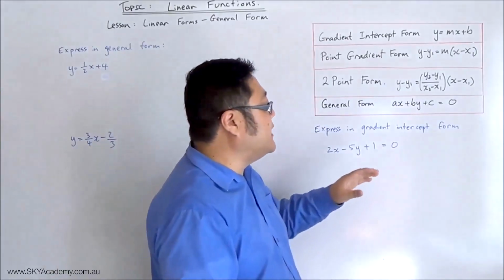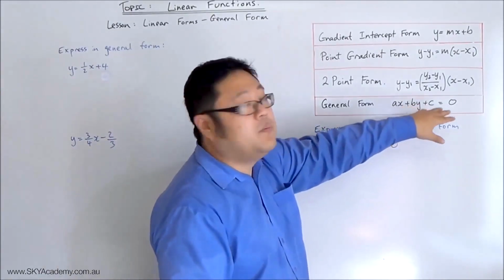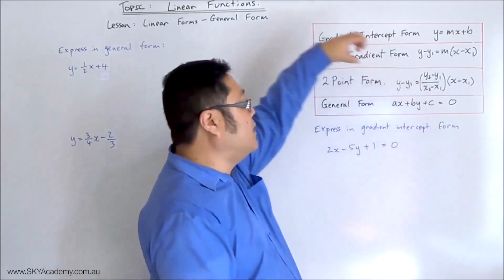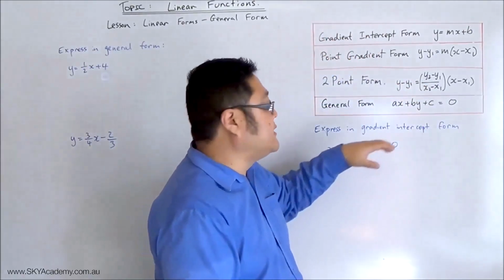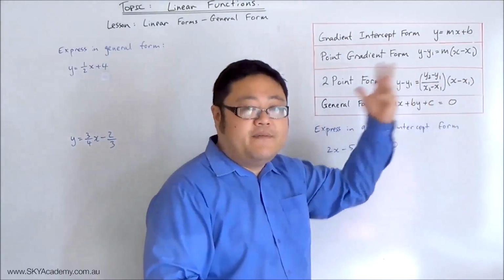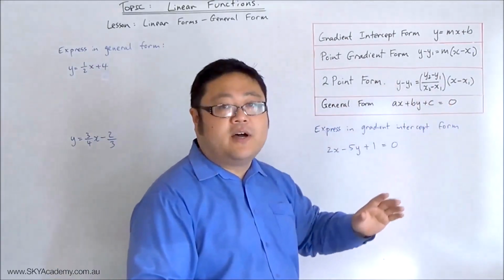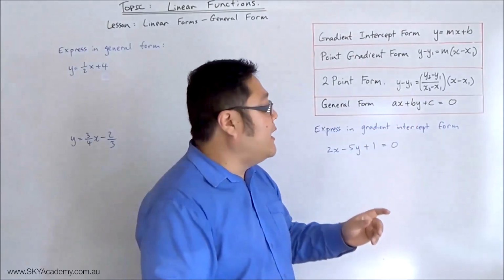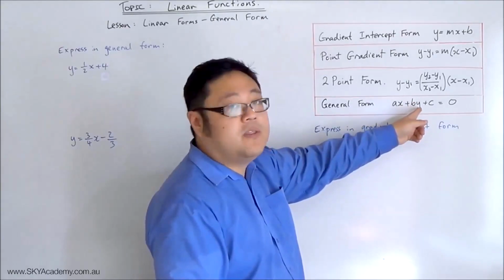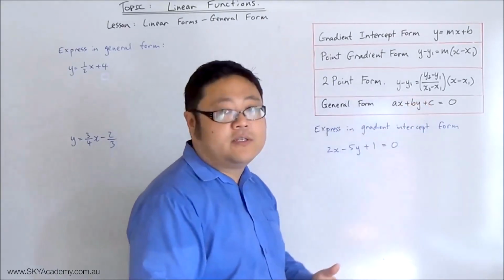What we want to see happen is we want all of the terms plus the constant term on the left hand side equaling 0. We want to bring everything over to one side, and on the other side we have 0. So we've got the x term, the y term and the constant on the left hand side.